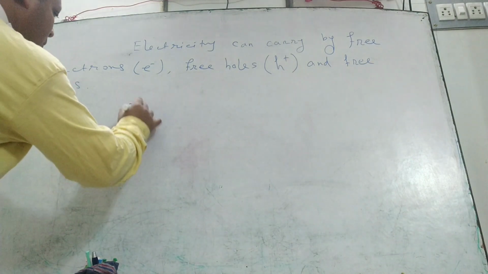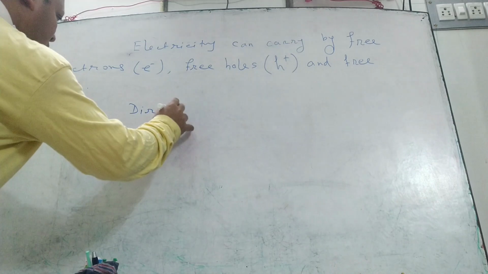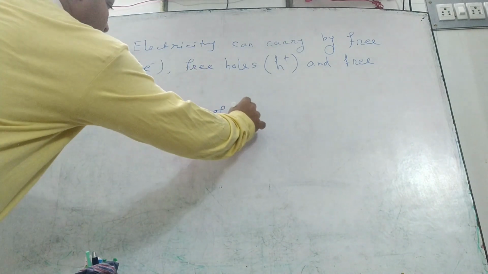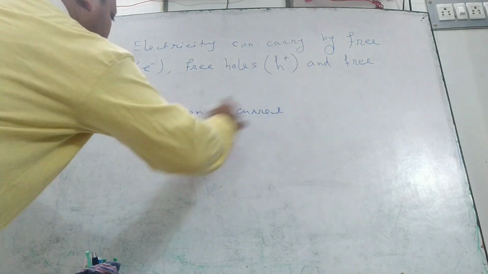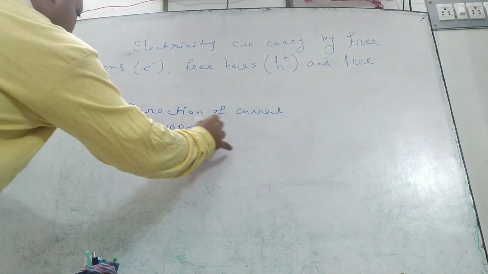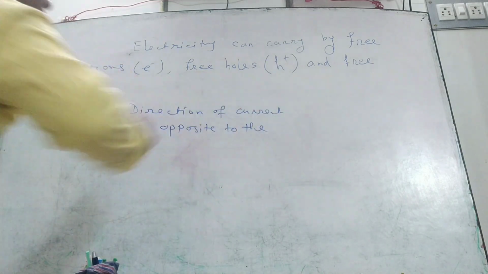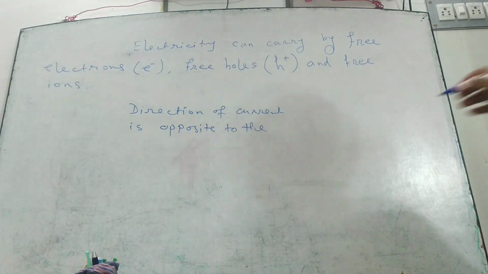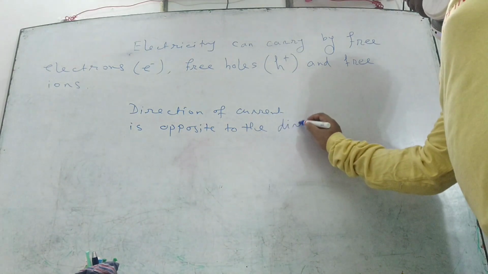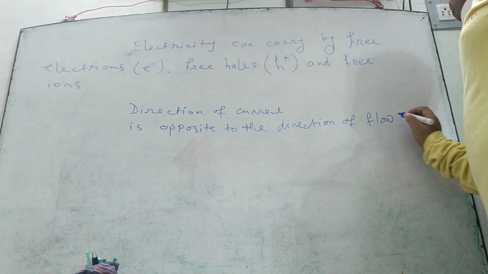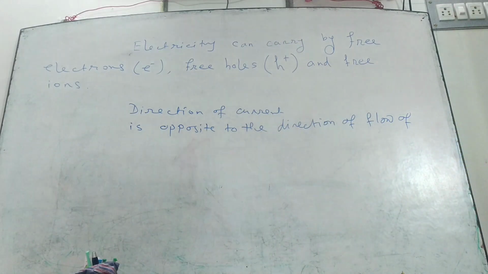That is, the direction of current is opposite to the direction of flow of free electrons.